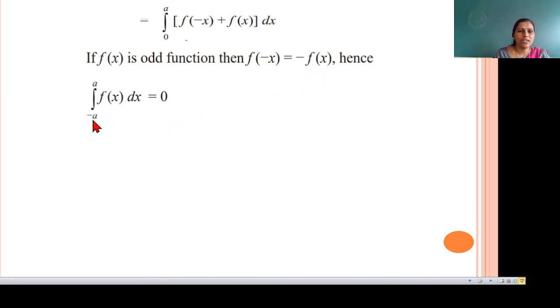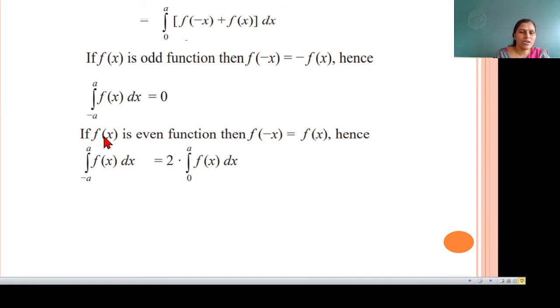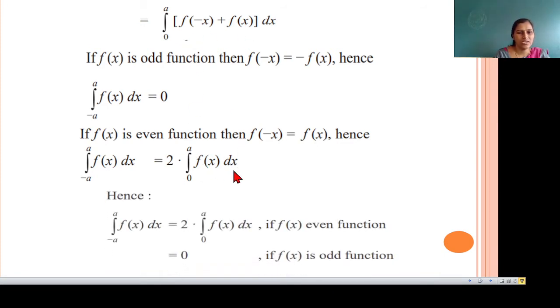Therefore, the value of minus a to a f of x dx will be 0. And if your f of x is an even function, then f of minus x will give you f of x. Hence, integral minus a to a f of x dx will be f of x plus f of x, meaning 2 times integral 0 to a f of x dx.